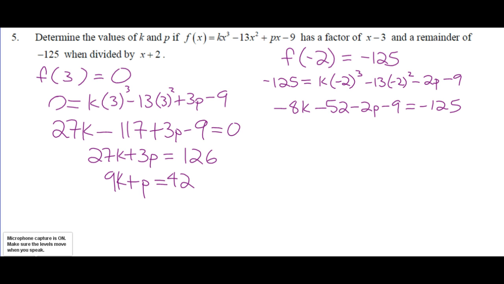So all I've done is just flip the left and the right side. And then we've got negative 61 here, so negative 8k minus 2p is equal to, what are we going to do? Add 61? What's that going to give us? Negative 64.